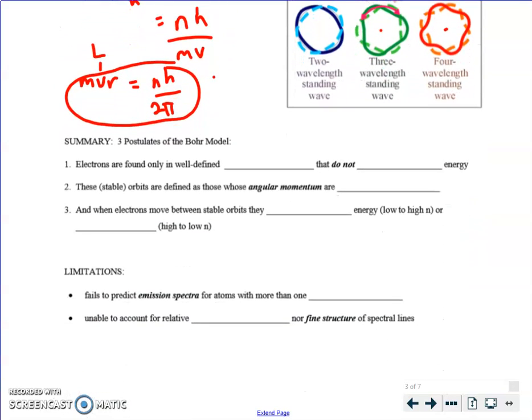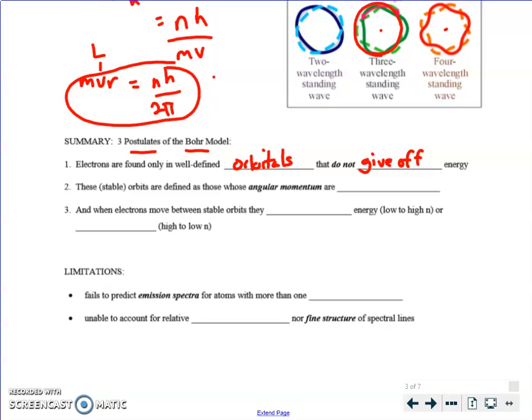Okay, so summary. These are the three postulates of the Bohr model. We've already talked about them. First and foremost, and the most important thing, electrons are found only in well-defined orbitals that do not give off energy. In other words, if these electrons are going around and around, classical theory says they're accelerating centripetally, so they have to give off radiation by Maxwell's theory.